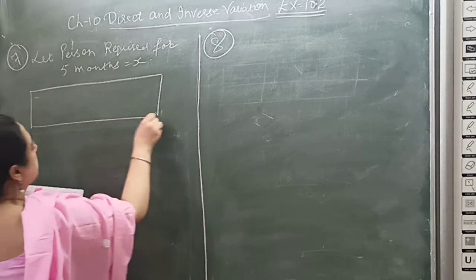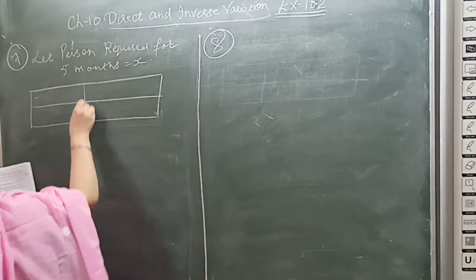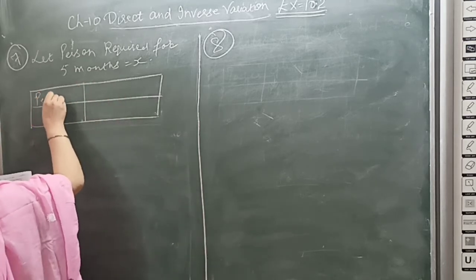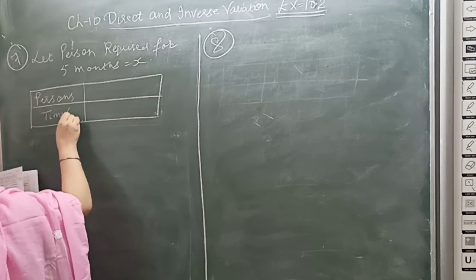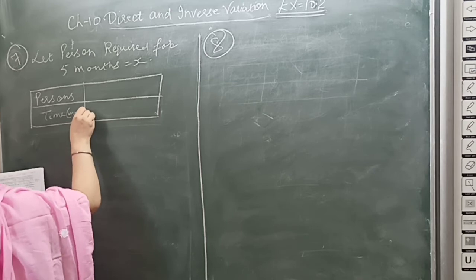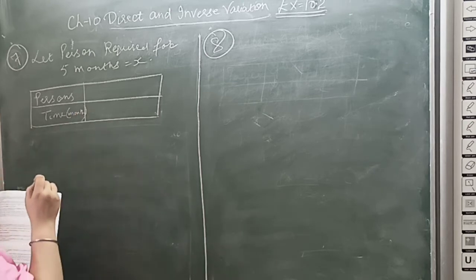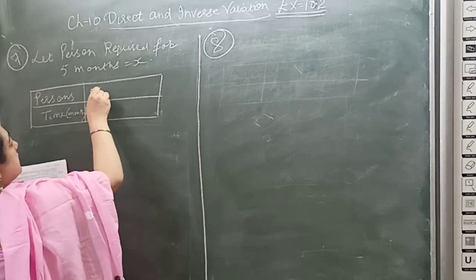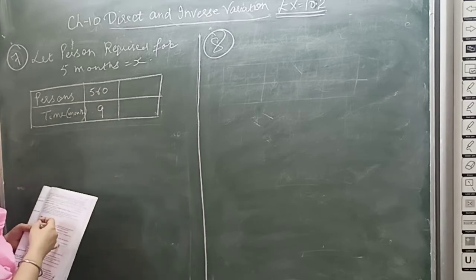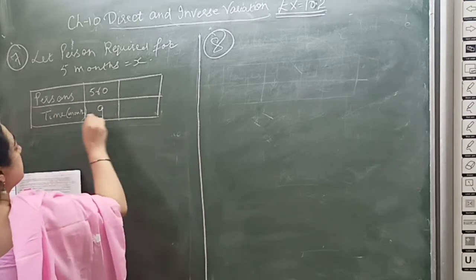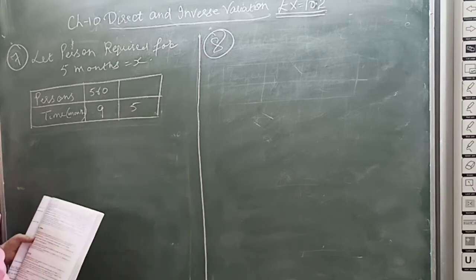Now again make a table. Write down persons and the time. And the time here is in months, so write down month also here. Now first of all, the persons are 560 and they finish the work in 9 months. But now the time decreases, that is time becomes now 5 months.